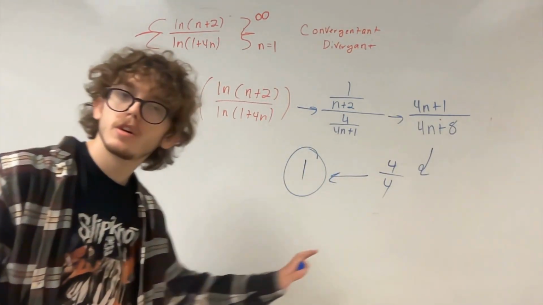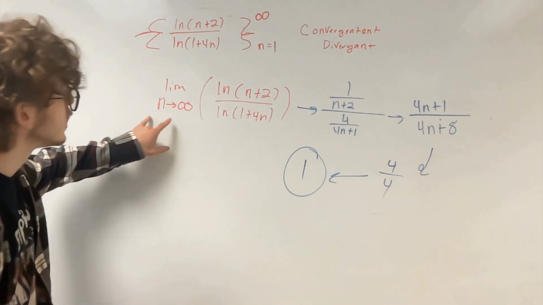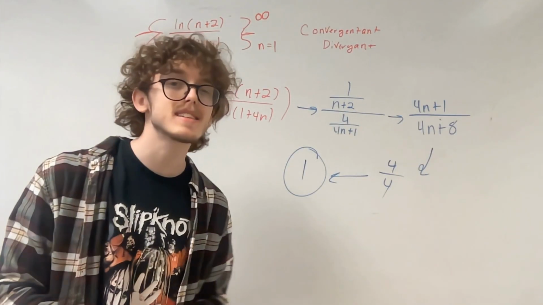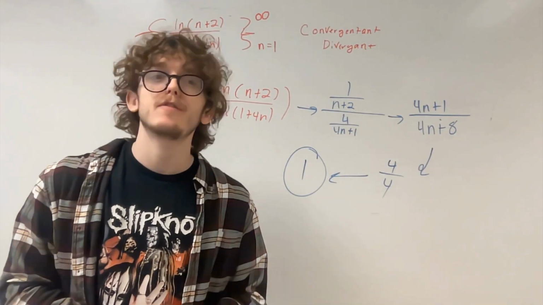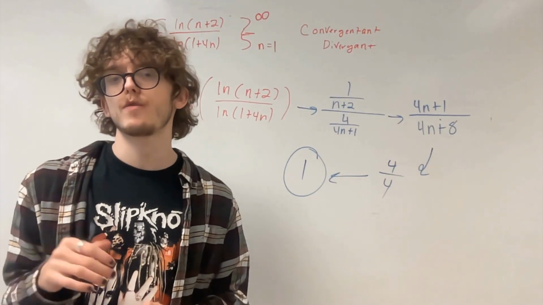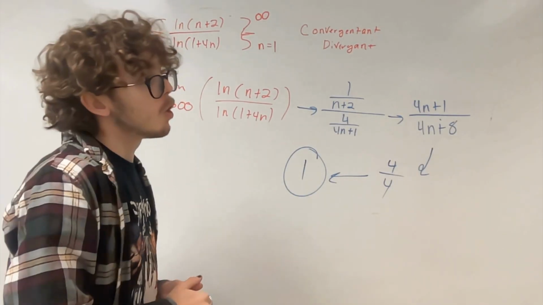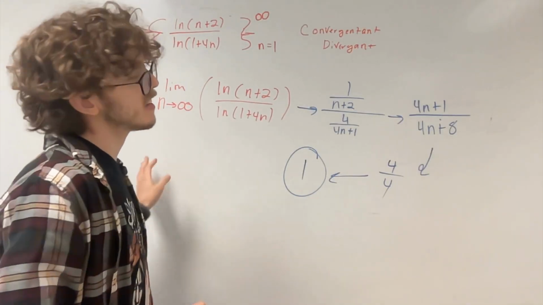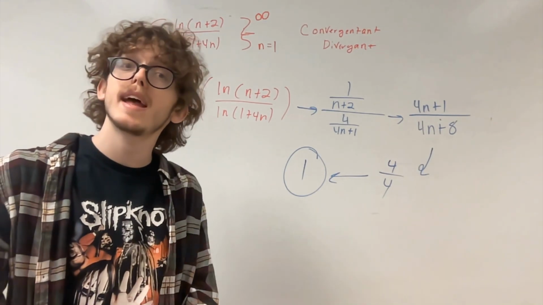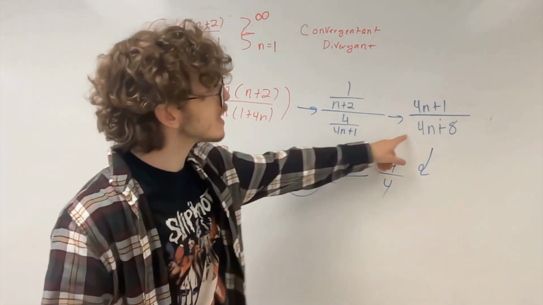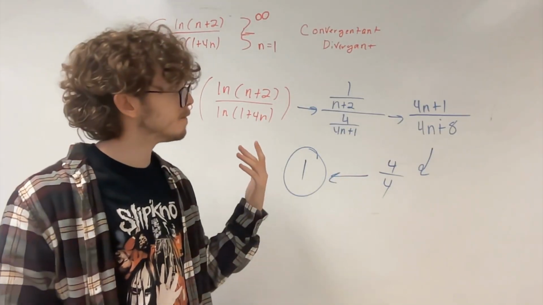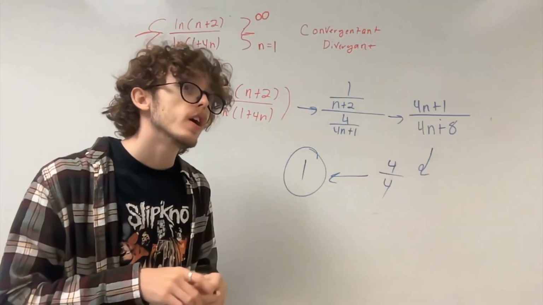Hopefully I didn't go too quick, so let me explain what I did. We took the limit as n approaches infinity and found that it was indeterminate. We can't determine if the limit exists because it's in an indeterminate form, infinity over infinity. We used L'Hopital's rule, which says to take the derivative of the top and bottom and evaluate again. We still didn't get a determinate value.